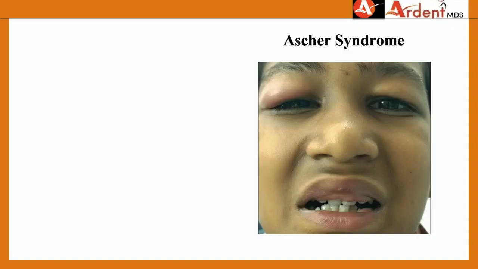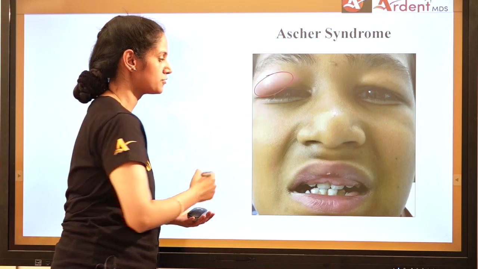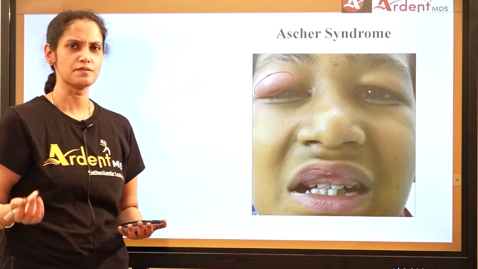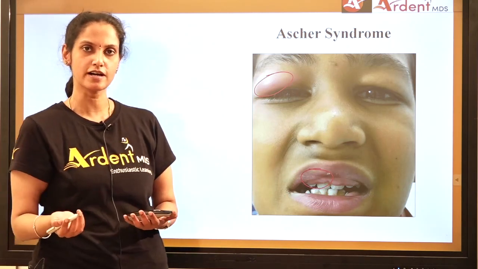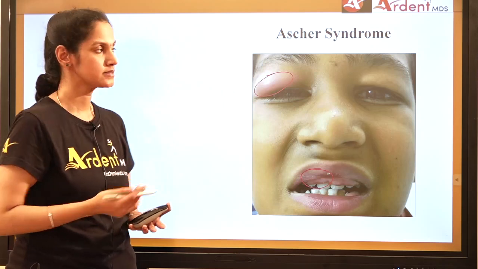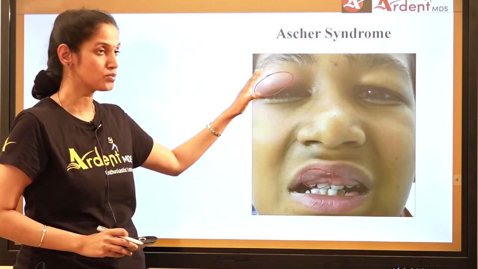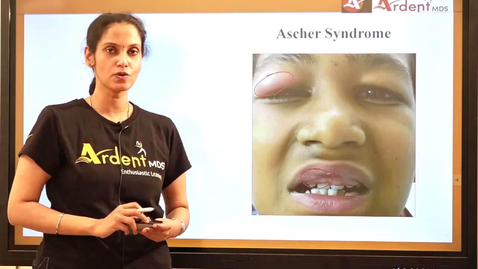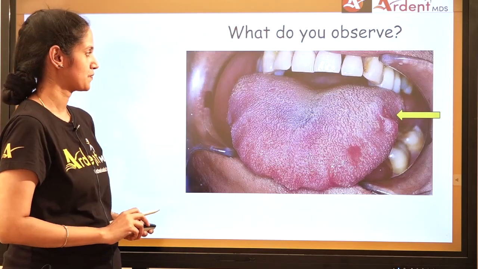So, this is a case of Asher syndrome. You find the blepharochalasis here, the edema of the upper eyelids, you have the double lip, and probably not in all cases the patient will have non-toxic thyroid enlargement. But if it's present, or even otherwise, if these are the two main features along with non-toxic thyroid enlargement, it constitutes what is known as Asher syndrome.